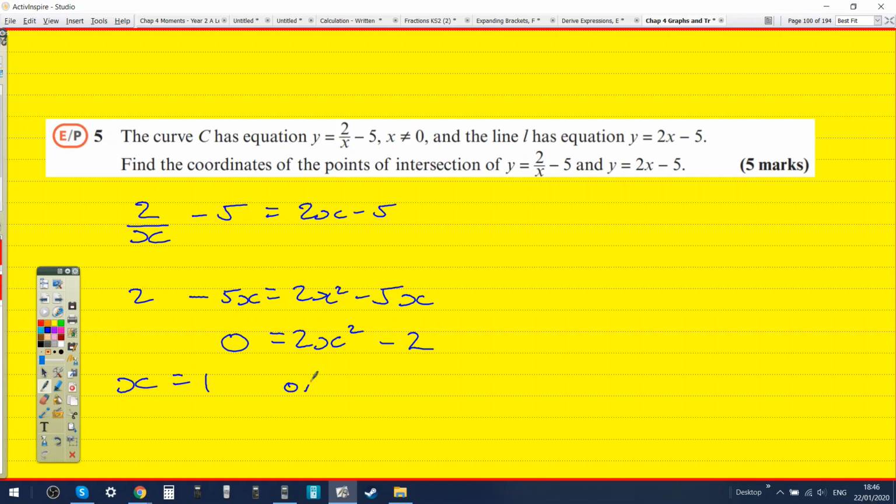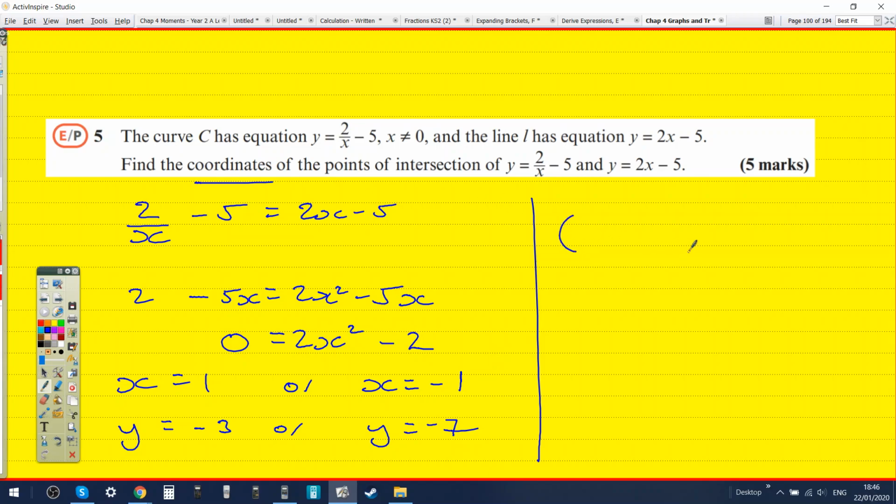So x equals 1 or x equals minus 1. Need to substitute that back in. So minus 3 or minus 7. They asked for coordinates. Let's give them the coordinates. 1, minus 3 and then minus 1, minus 7. Great. Any questions there? No.